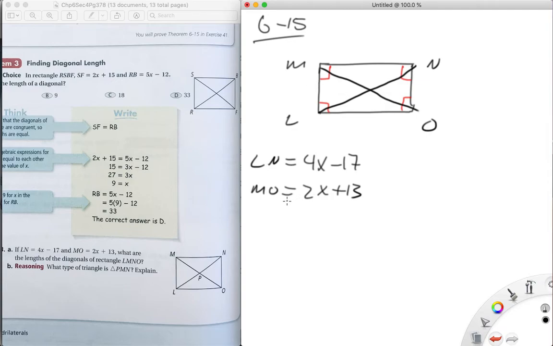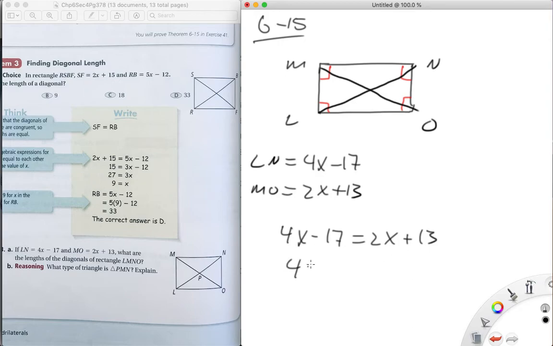To solve, I'm going to set these equal to each other. So 4x minus 17 is equal to 2x plus 13. I'm doing this because I know that the diagonals are congruent because they tell me that it's a rectangle.